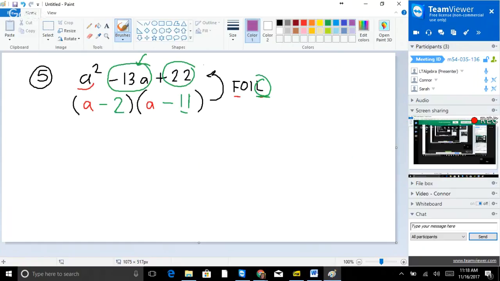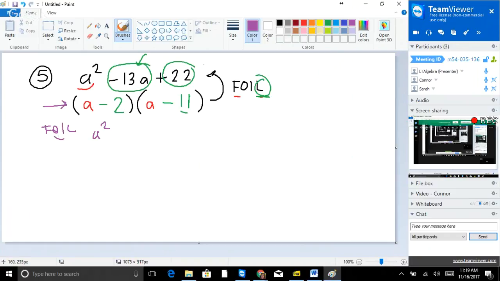Okay, so once I get a guess for my factored equation, then I actually FOIL to see if I did it right. First is a times a, which is a squared.